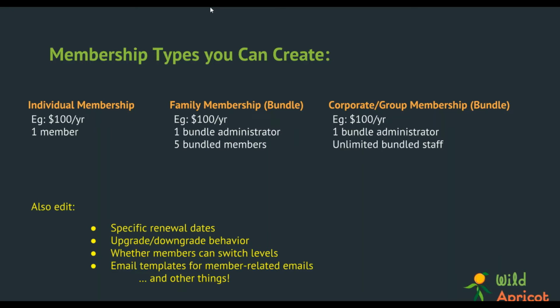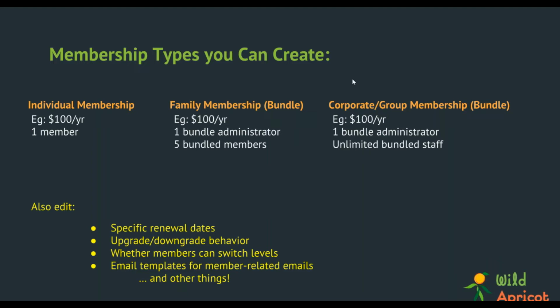But to answer the questions that are coming in from a couple of you, as well as anything that may be going through your mind, yes, you can get a little bit fancy and make some cool bundle membership options. The one I have here for a family membership would be $100 a year. How it would work is you'd have one person as the bundle administrator, who would basically be acting as the principal for that account. They get to decide who has the additional memberships under them.